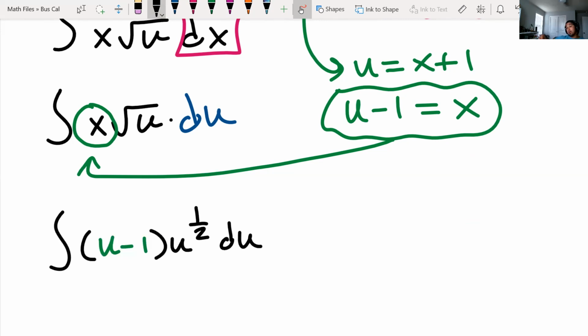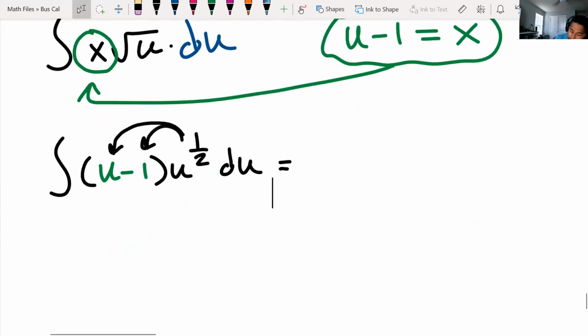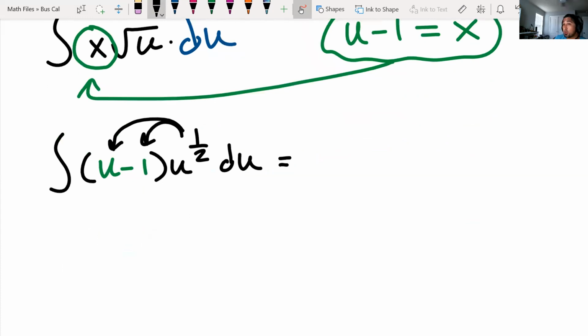Okay. It's now all in terms of u, but we have to simplify algebraically. So you're going to distribute it to both of these terms. All right. And now u times u to the 1/2.